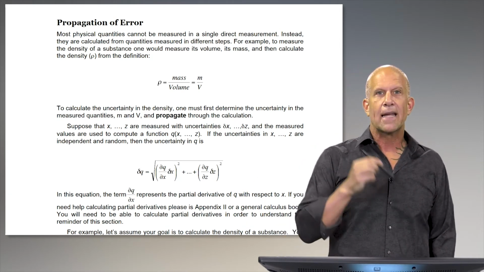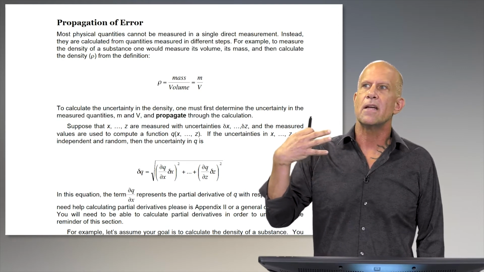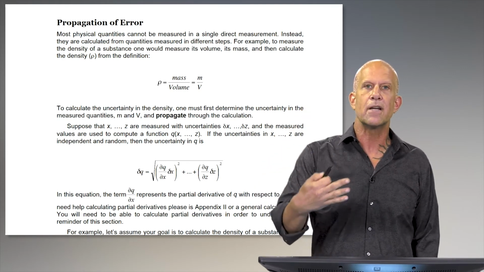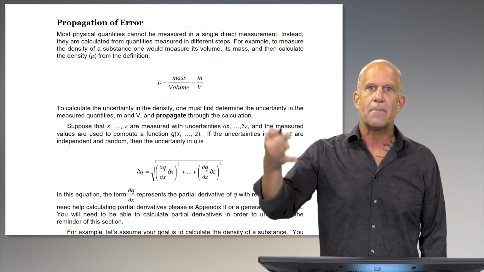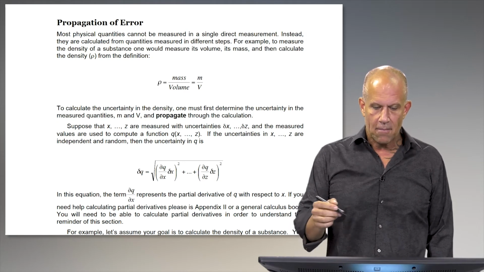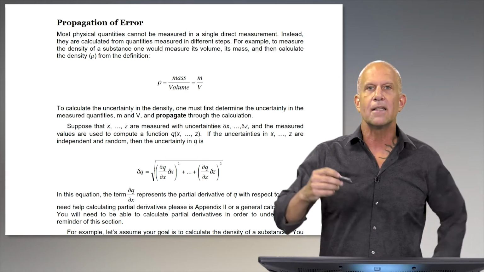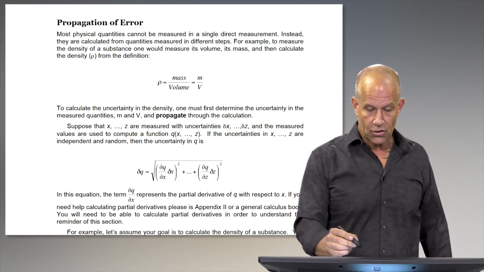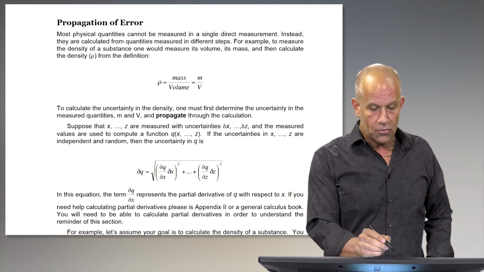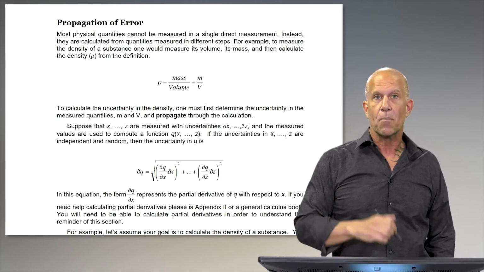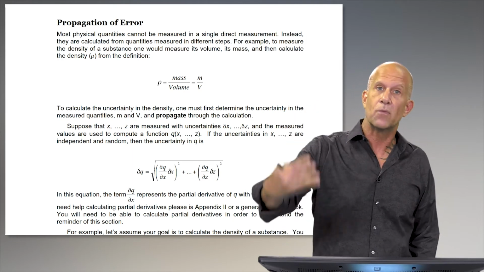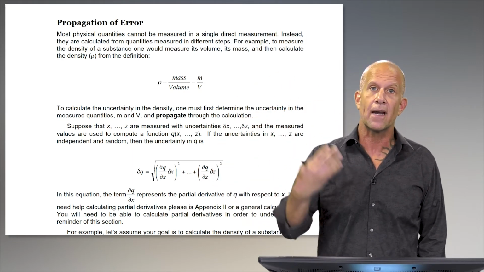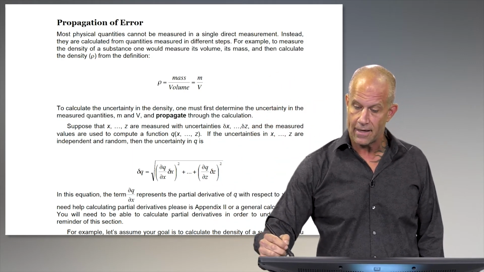But almost, I won't say non-intuitively, the error doesn't follow the same algebra. Because of its random nature, the error is handled by taking partial derivatives with respect to each variable that has associated error in it.